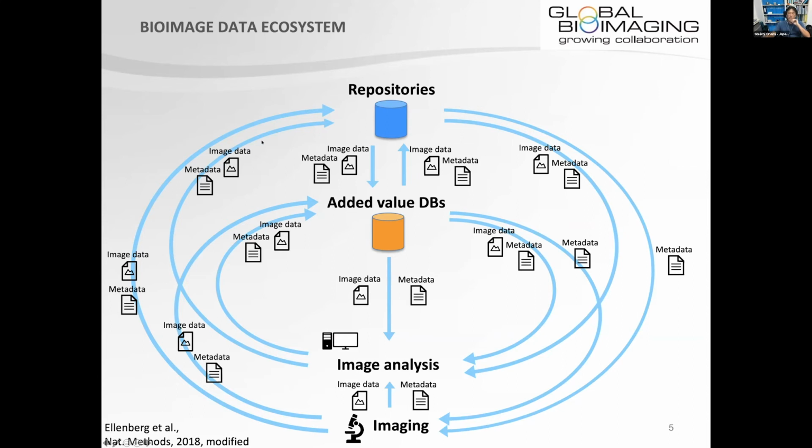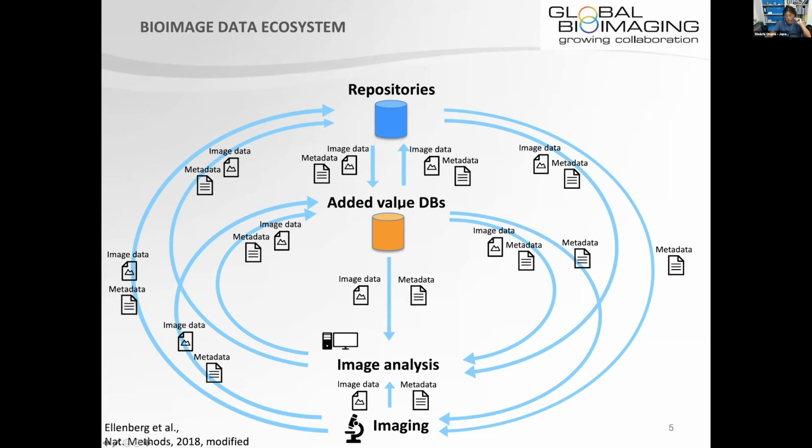Metadata means information about the image data, for example, the author's name, journal name, or the target animal or cell line. Without such information, you cannot utilize the image data properly. So this is a repository, where all your data is collected.